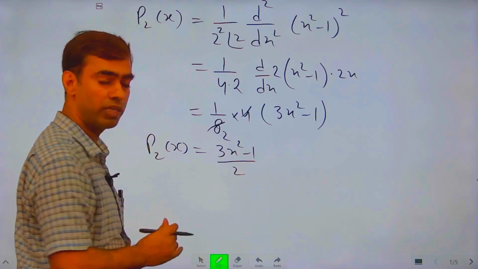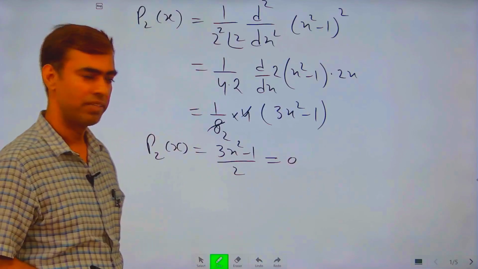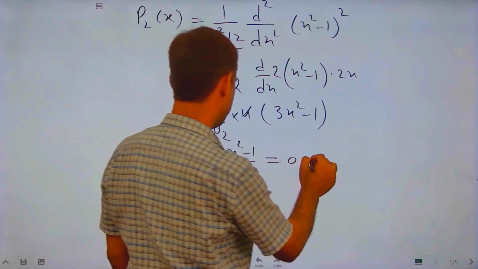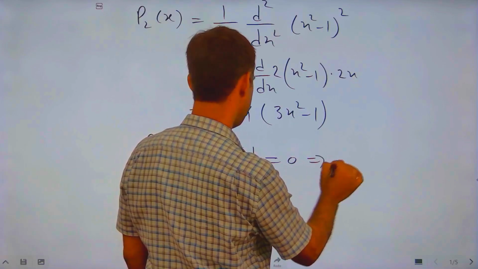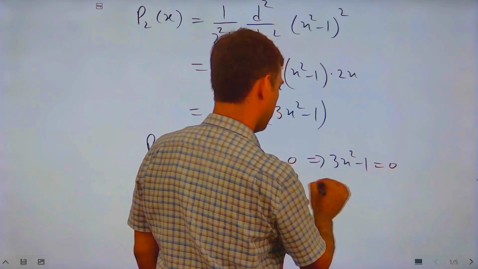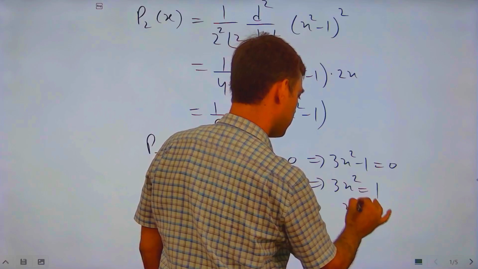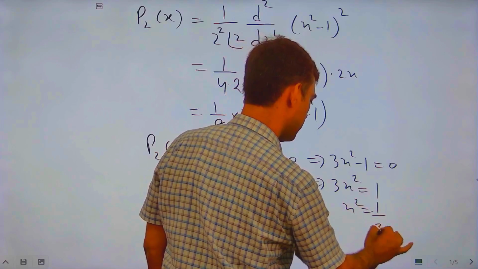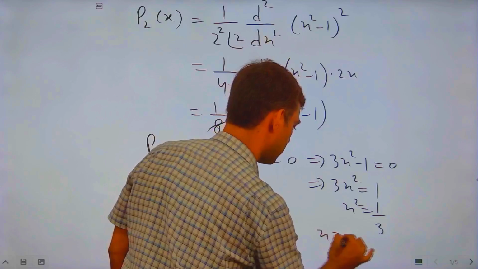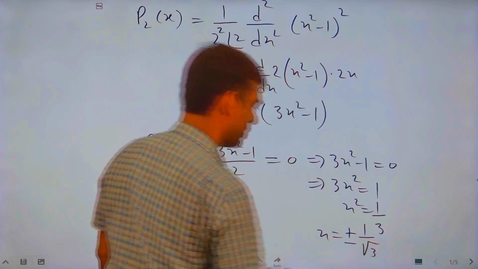If we put P2(x) equal to 0, this implies that 3x squared minus 1 equals 0, so 3x squared equals 1 and x squared equals 1 by 3. Then x is plus or minus 1 upon root 3.